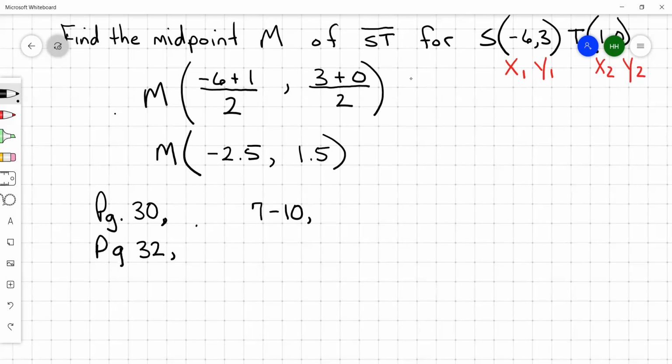I hate to be so confusing. Let's just take the whole assignment off page 32. It's going to be page 32, problems 33 through 44. All right, make sure you are showing all your work neatly.